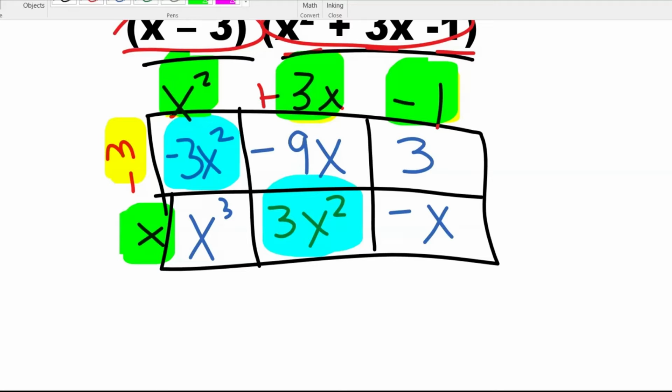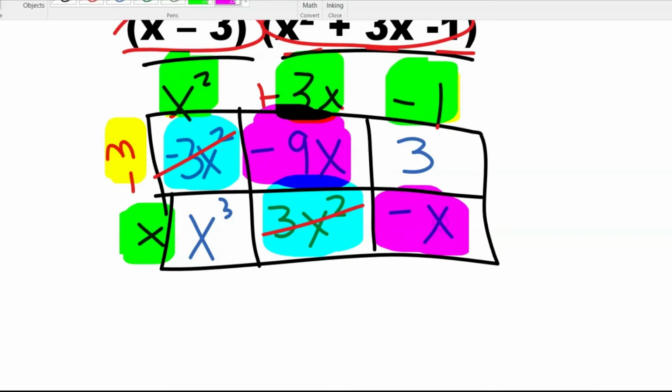I can add those, but in this case, negative 3 and positive 3 x squared cancel each other out. They're opposites. Alright, and I'll look and see, is there anything else? Well, I have a negative 9x. That's an x term, and I have a negative x down here. I can add those together, and those are actually going to combine 2 negatives, just add to give me a bigger negative. Same signs, add and keep.